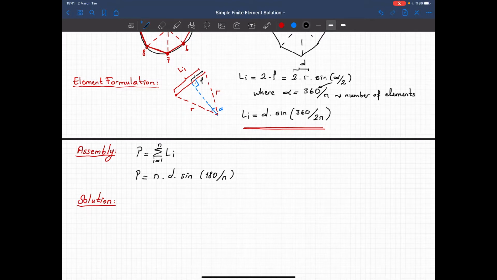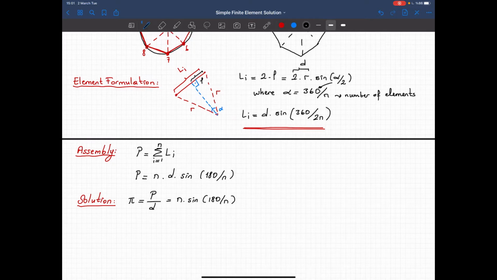The mathematical equation is P over D, which is equal to N times sine of 180 over N. And this is the approximate solution that we are looking at.